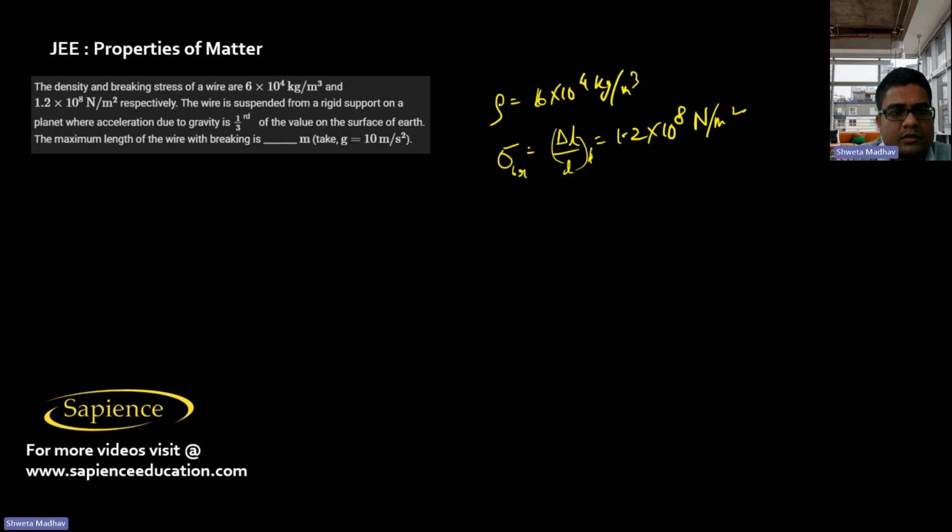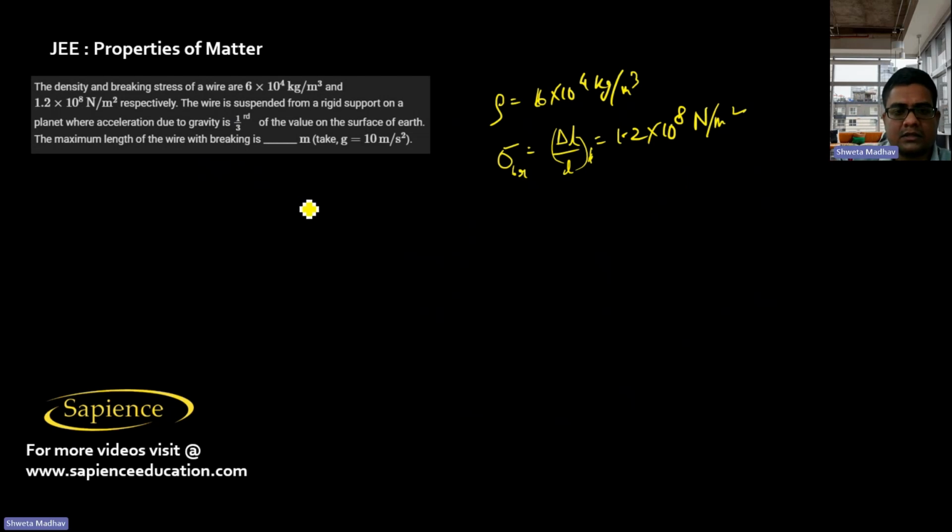A wire is suspended from a rigid support on a planet where the acceleration due to gravity is 1/3 of the value on the Earth. So we have to find the breaking stress that is applied.